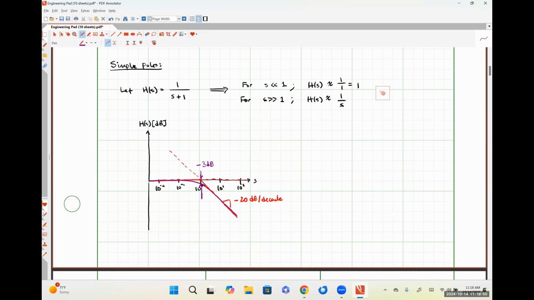All right, so we've talked about this simple pole. Before I move on to the next thing, does anybody have any questions about this? So negative 3 decibels literally represents the frequency at which our signal has lost half of its power, okay?